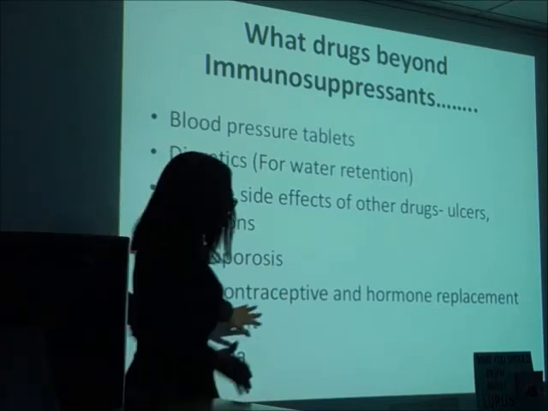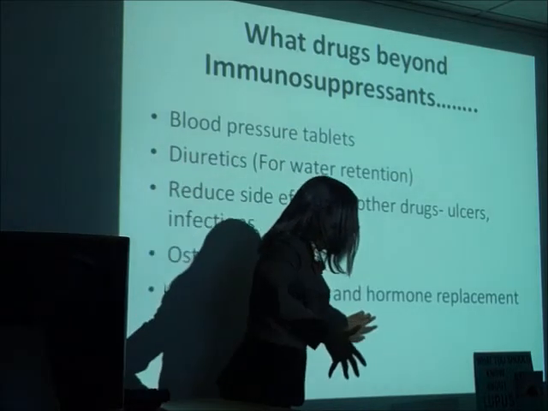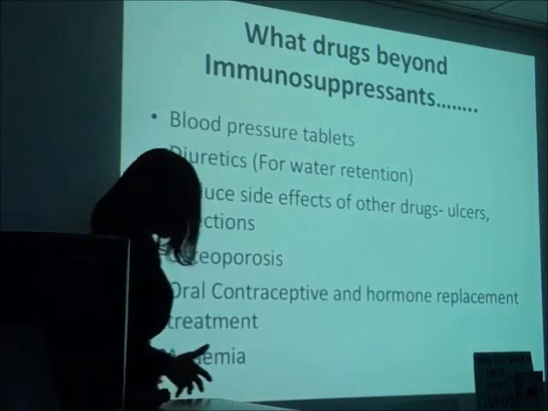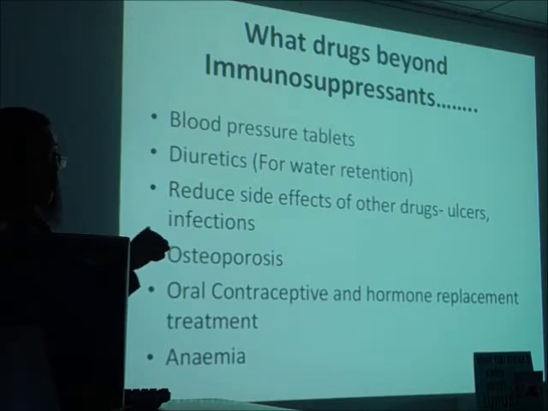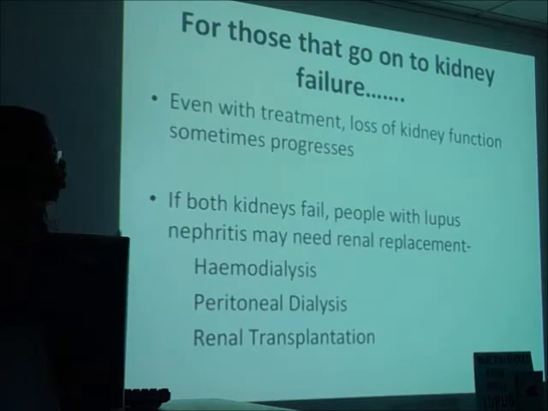And so, while they've got that flare, sometimes they have to go on hormone replacement, and then treating the anemia. Remember, the kidneys produce the erythropoietin, so sometimes we have to replace that, but also replace things like the folic acid and the iron. So people are often on many medications.